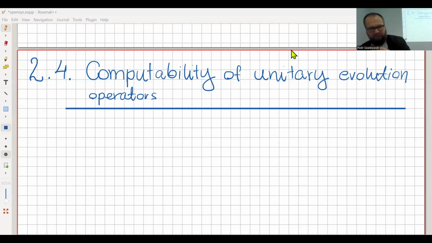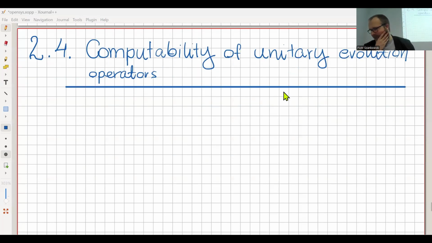So the first thing is computability is kind of easy if the Hamiltonian is constant. Okay, so no time ordering needed then.